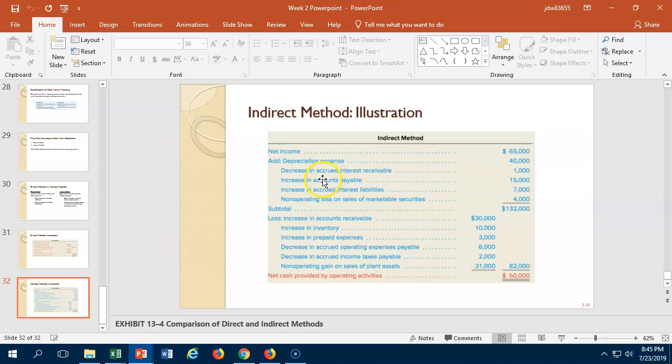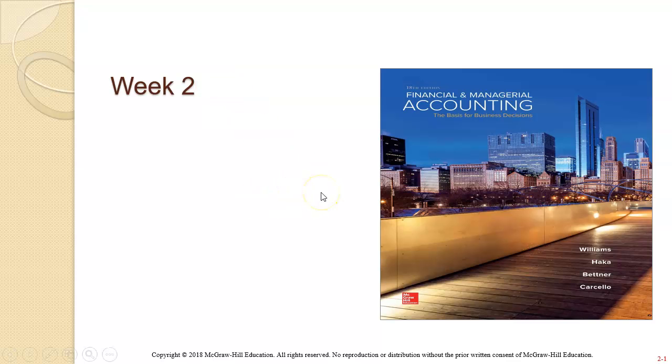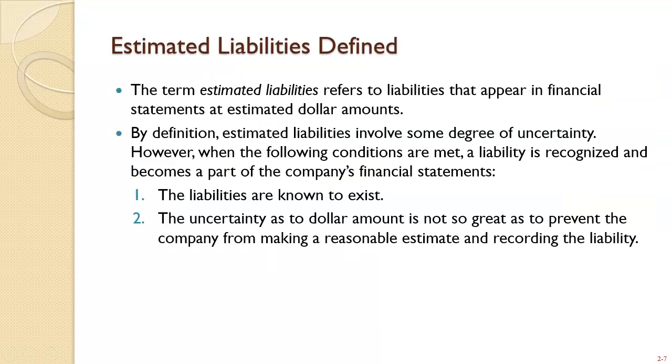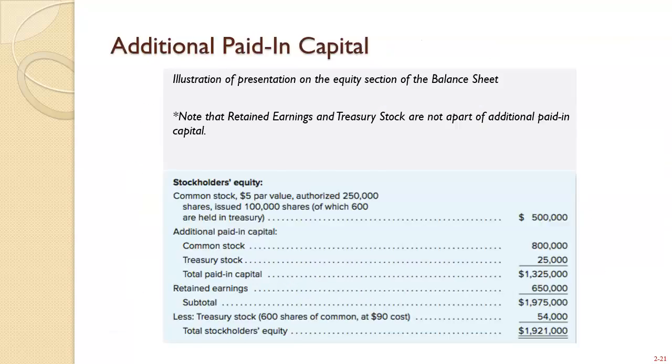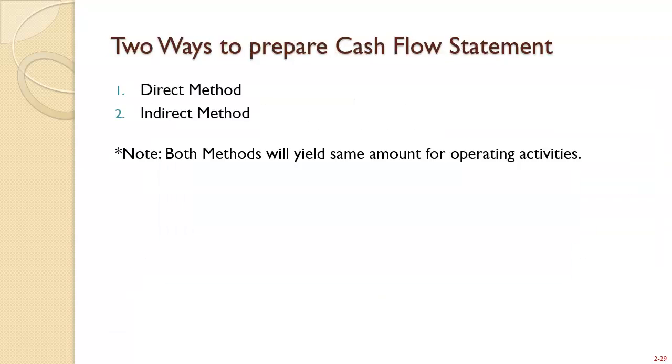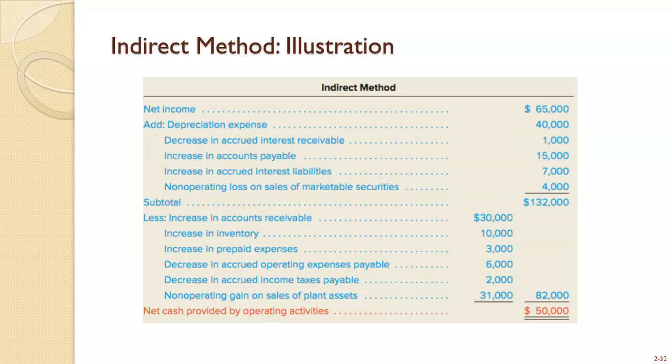On this indirect method, you're starting with net income. If you notice, everything except for this non-operating gain on sale of plant assets, and also this non-operating loss, everything else is a balance.